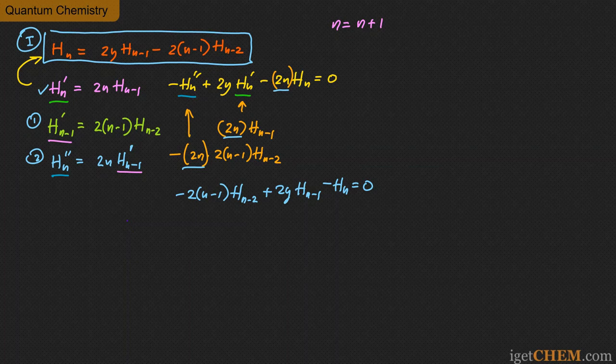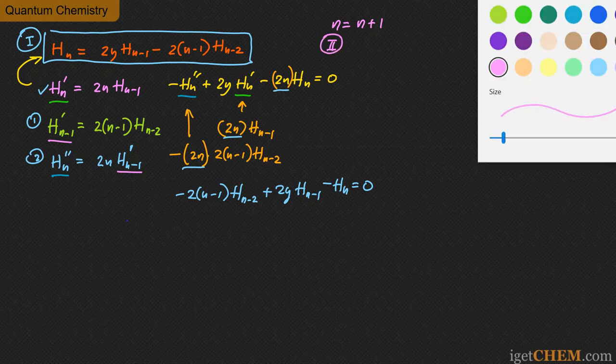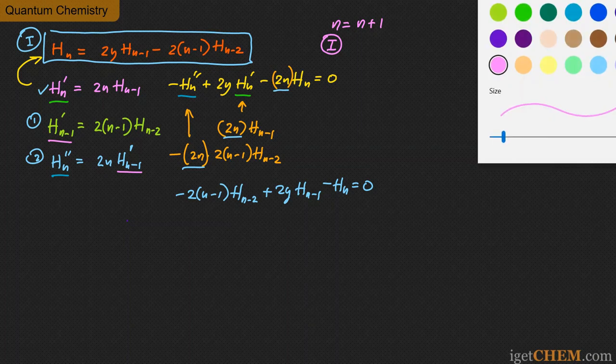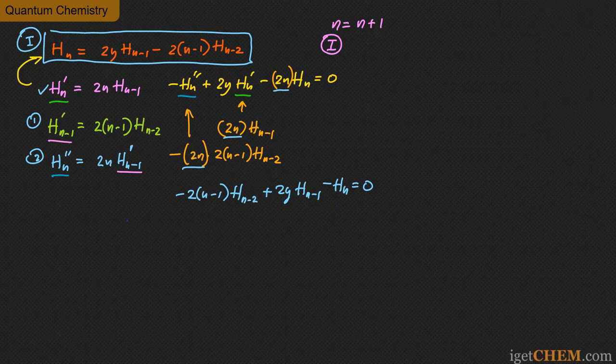Right? So applying this to the same equation, you can see that this now can be rewritten as, again, just Roman numeral 1, but written for a different index. So in that case, you see that that comes out to be H_{n+1} equals 2y.